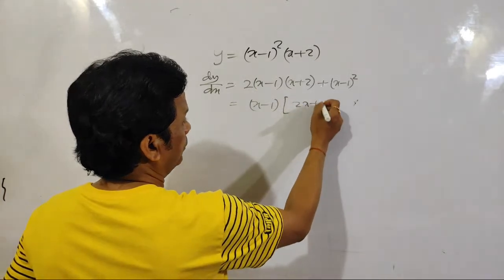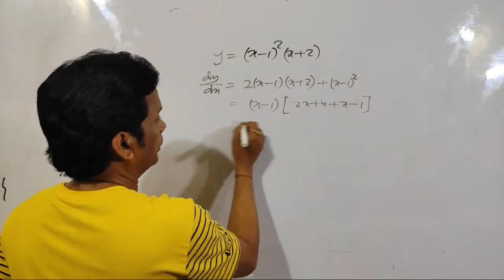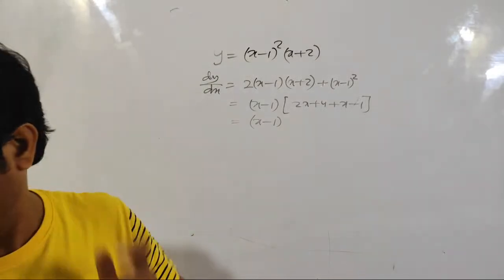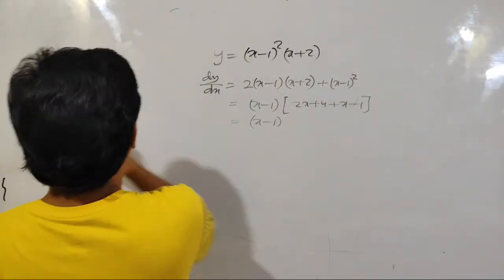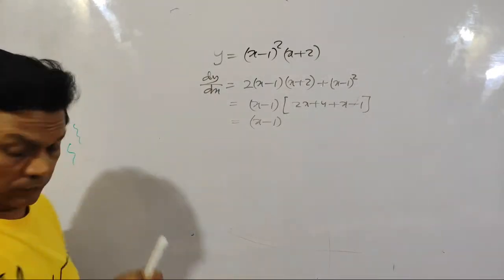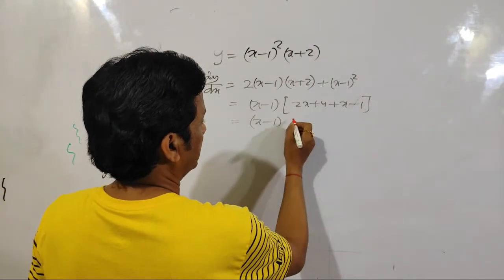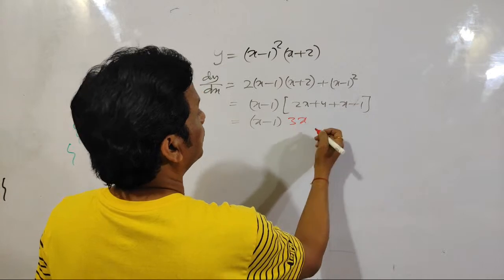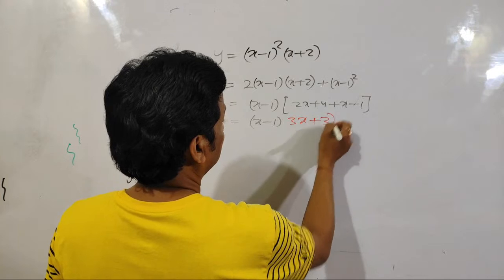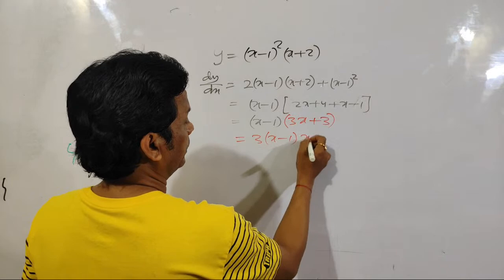So 2x plus 4 plus x minus 1. So it will become x minus 1 into 2x plus x, which is 3x, 4 minus 1, which is 3. So take 3 common from this one, it is x minus 1 into x plus 1.